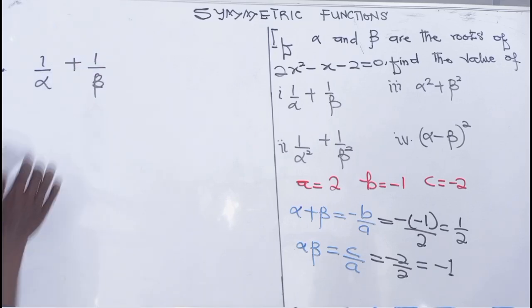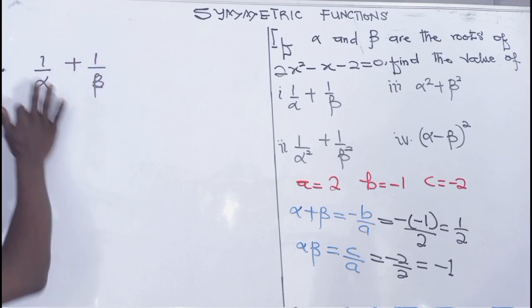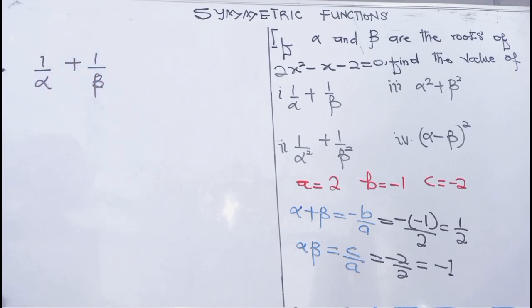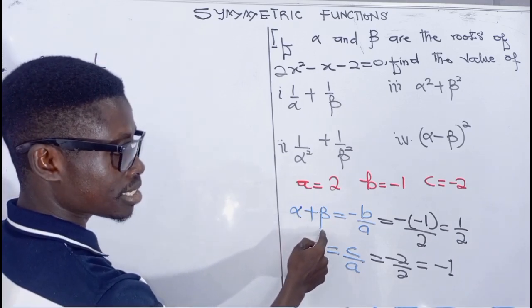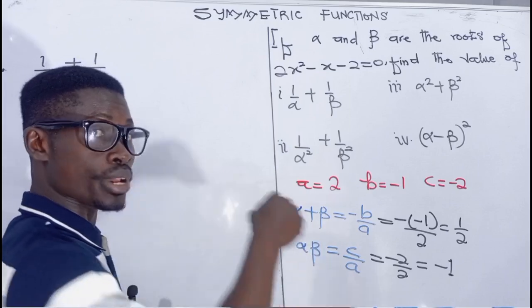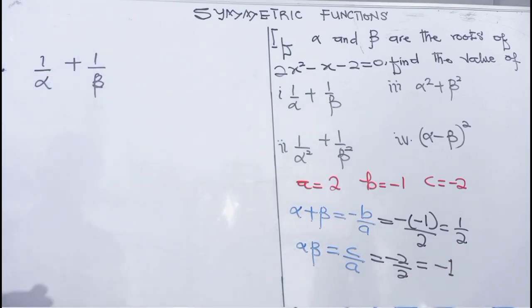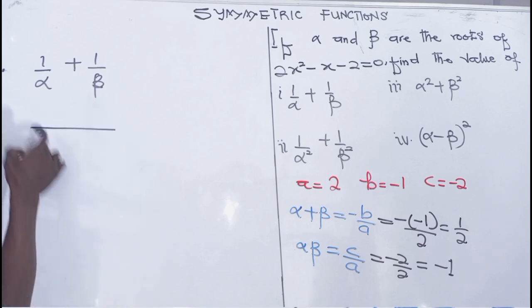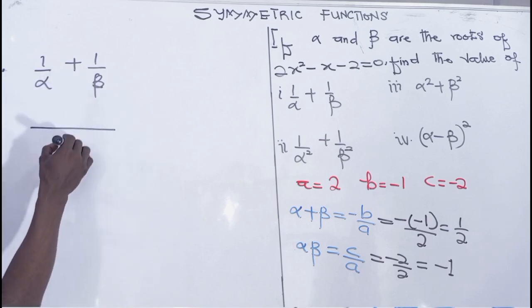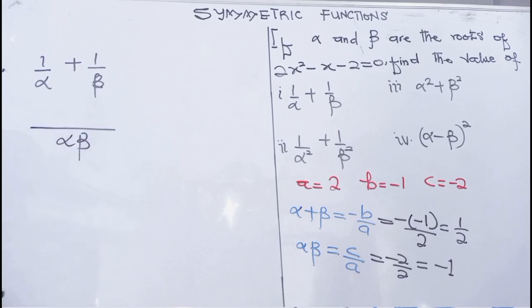Once we are done with this, the next thing that we are going to do is to massage this symmetric function such that at the end, we are going to have alpha plus beta and then alpha beta within, so that we can do our direct substitution. Since we are having fractions, we can find the LCM. So the LCM of alpha and beta will give us alpha beta.